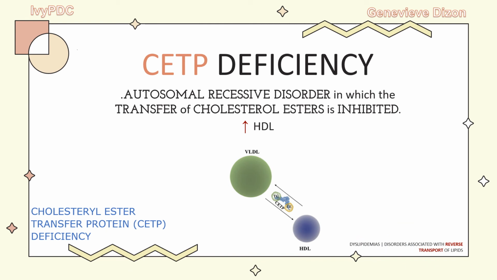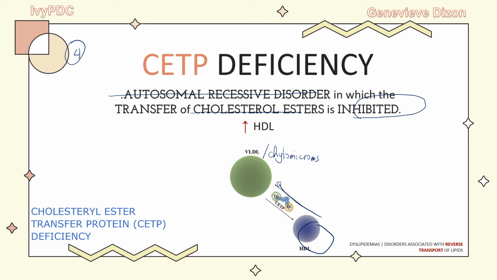The next condition is CETP deficiency, which is an autosomal recessive disorder inhibiting the transfer of cholesterol esters from HDL going to VLDLs or chylomicrons. This is a way for the HDL to indirectly deliver cholesterol to the liver.